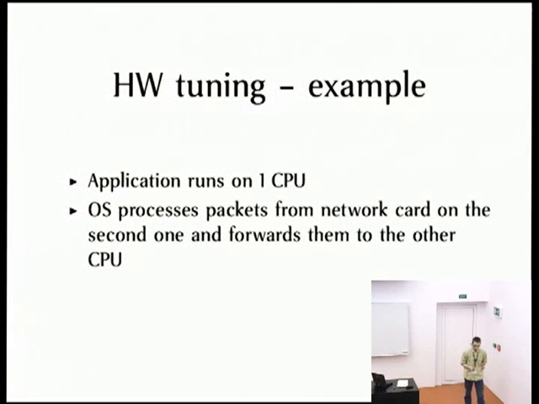So there's a huge performance hit. And if you remove the second CPU and force the kernel to use the same one your application uses, then sending packets just inside one CPU is much, much faster.